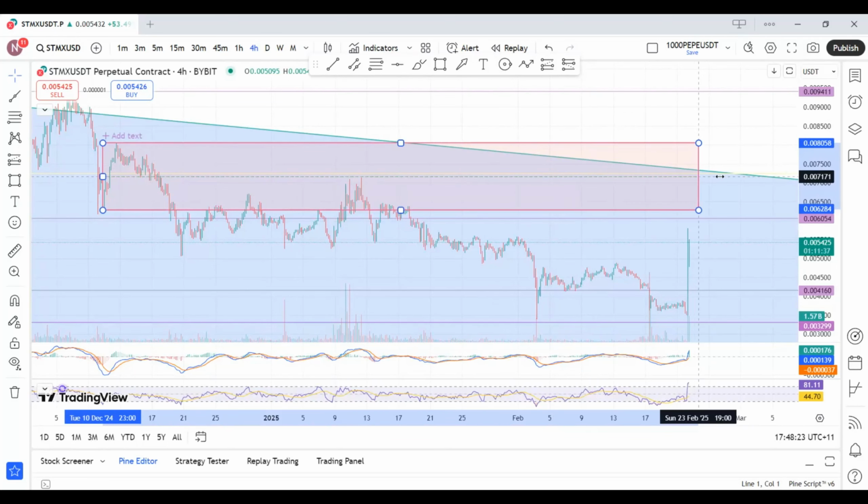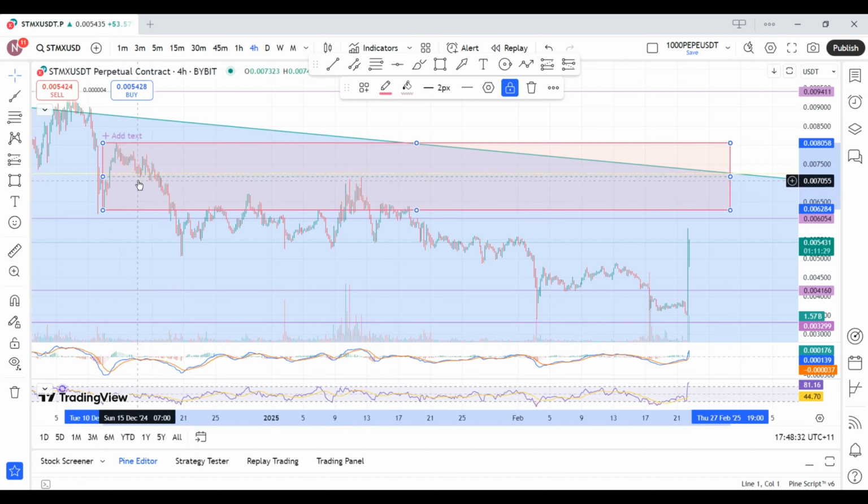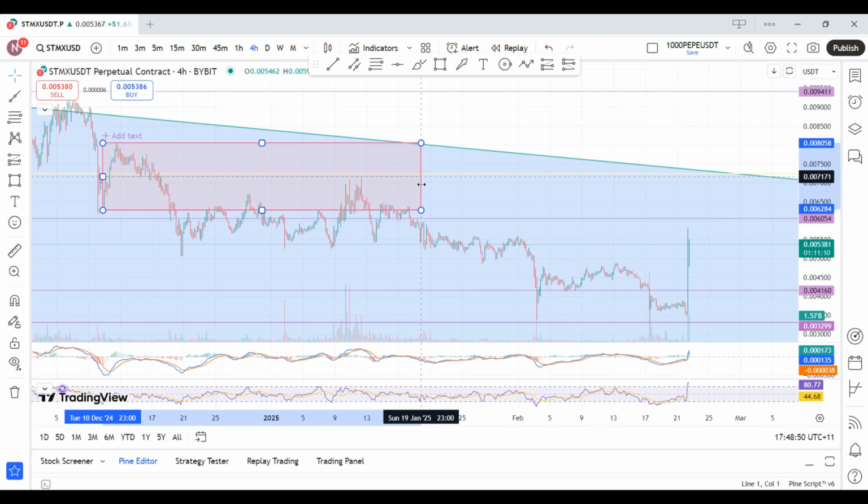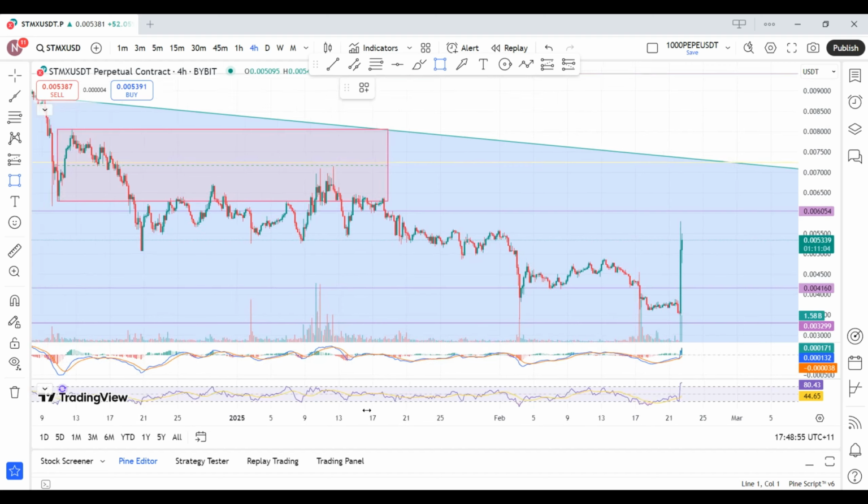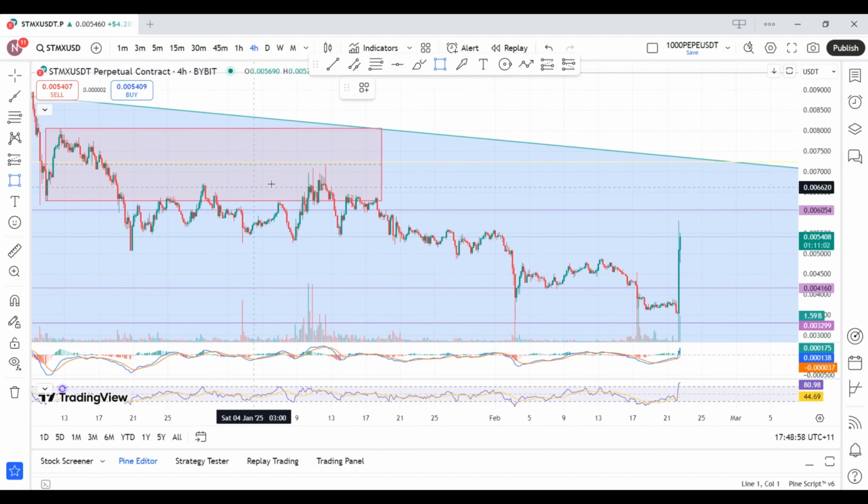So I'm just going to go around and put it here, and the price usually tends to test that midline, and in this case it already reached this midline. The price could eventually hit this line again, but since it already reached that midline and continued down, I'm just going to leave it here, and then try drawing another one here.